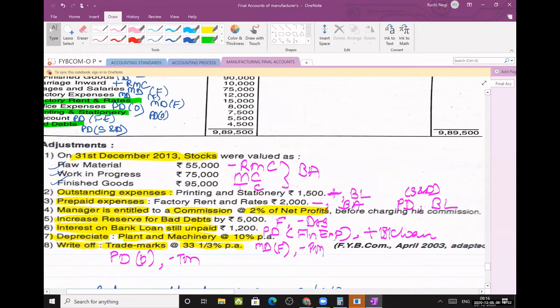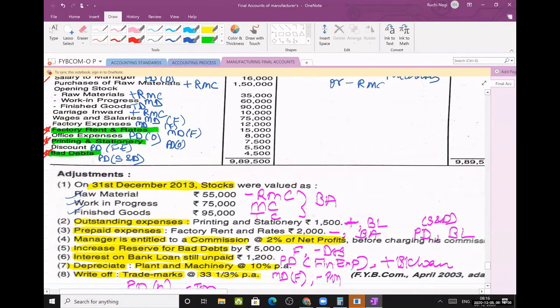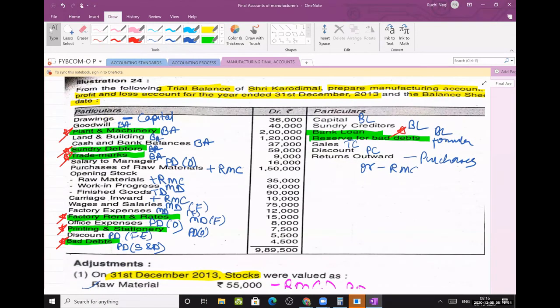Am I clear with the adjustments? So wherever there are adjustments, I have marked with a red star and also highlighted it with green. So that indicates it's an adjustment. Okay, clear?